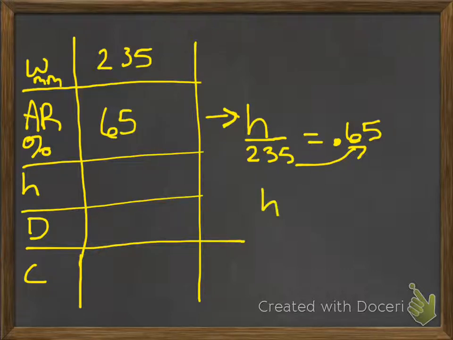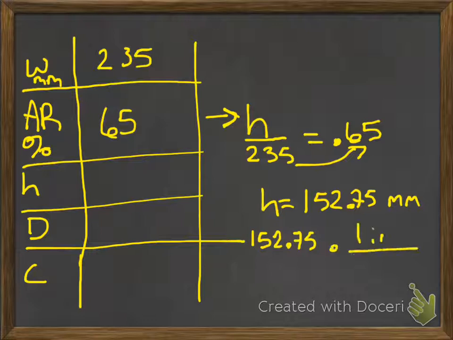Okay, so if you go backwards, you can find out that 0.65 times 235 would tell you that the height of this is 152.75 millimeters. Change that to inches. We can do that. Most of y'all should remember how to do this from science class.